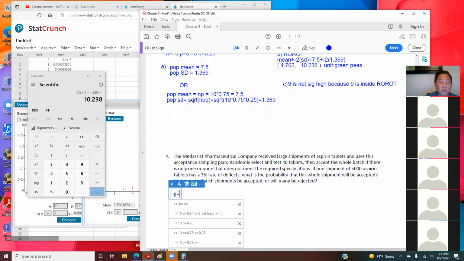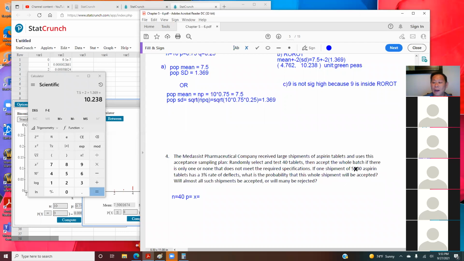So again, as usual, we need to know your n, p, x. And yes, this is binomial. Anyone know what's the n here? 40. We don't use that 5,000 here.